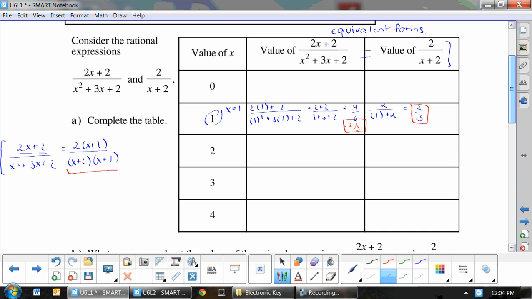So then when we're looking at this now, we can say, oh, look, we have 2 factors that can cancel out, and that gives us 2 over x plus 2. Did I say it wrong? No, thank you. 2 over x plus 2.